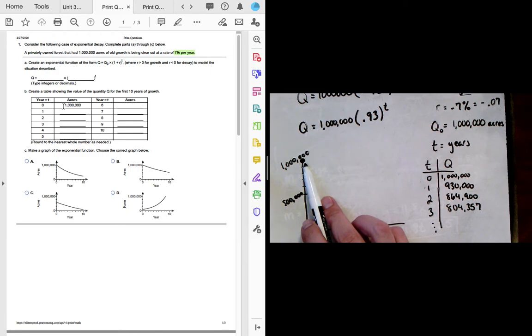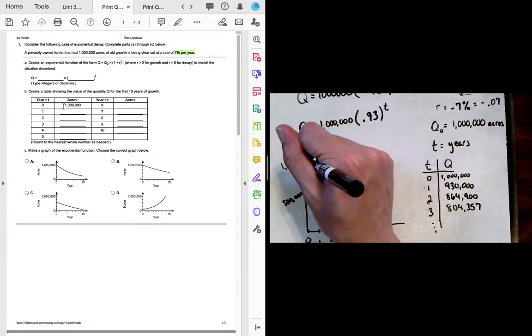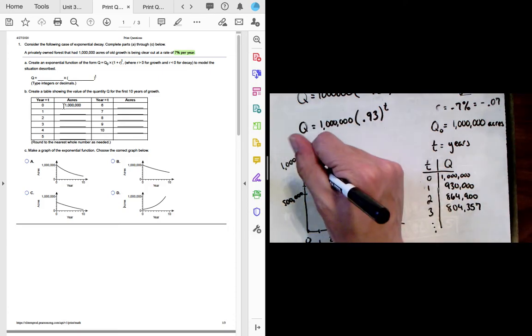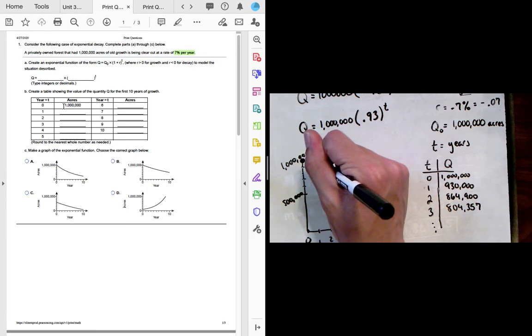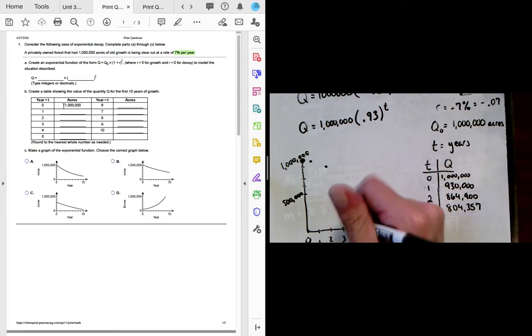And then we can kind of just plug in. At time 1, it's at 930,000, so just a little bit below 1 million. At time 2, we're at 864,000, so just between the 900 and the 800, and then at 3 years, we're at 800,000.